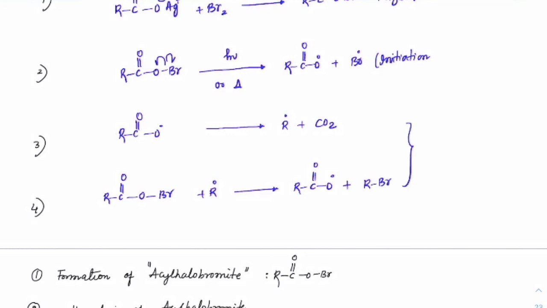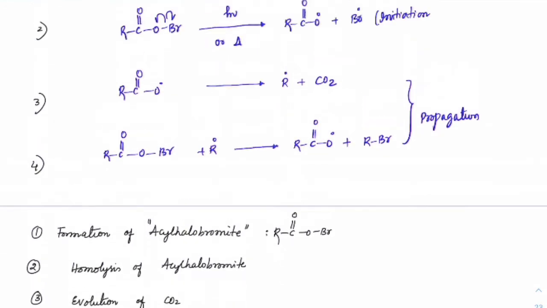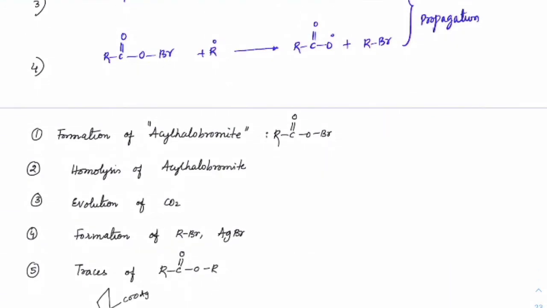So these two are propagation steps, and this RC double bond O, O dot again reacts to give R dot, and that will keep on happening till you get RBr. Okay. So the important points in the Hunsdiecker reaction are the formation of acyl hypobromite, homolysis of the acyl hypobromite, carbon dioxide coming out, and RBr and AgBr forming, right?